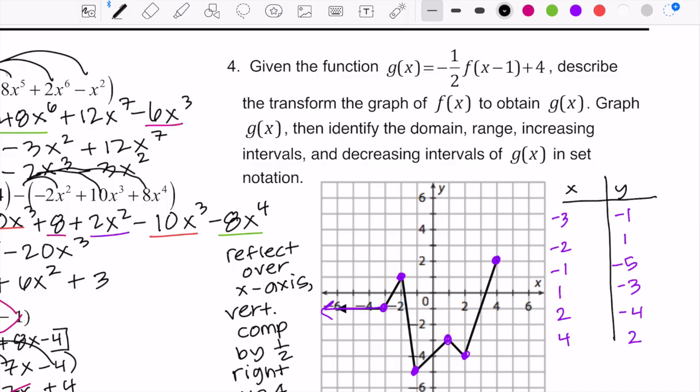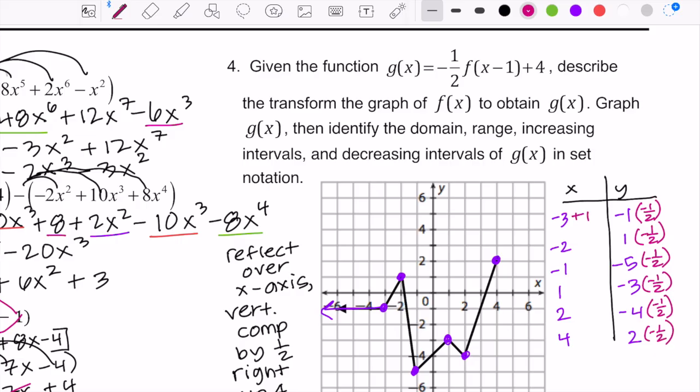So to get all those transformations on here, the first thing is it's going to multiply all the y values by -1/2, which is going to take care of that reflection over the x-axis, as well as the vertical compression by 1/2. And then I'm going to go right 1.